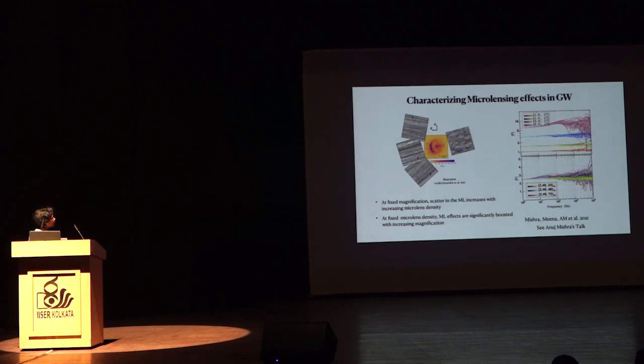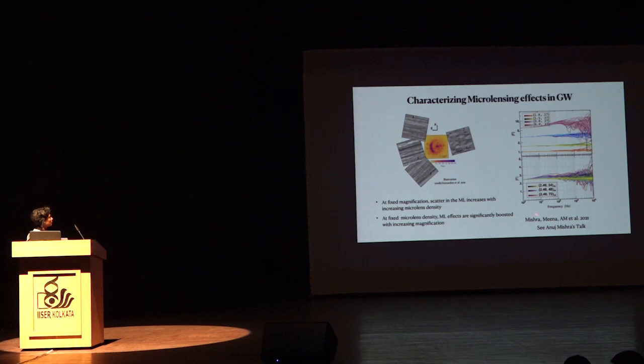So we have tried to characterize these microlensing effects. For example, you have these multiple images, and as I was mentioning, the regions or vicinities around these images tend to lie in different stellar density environments and correspond to different lensing magnifications. So the effect that will be seen in these individual lensed images is going to be different.